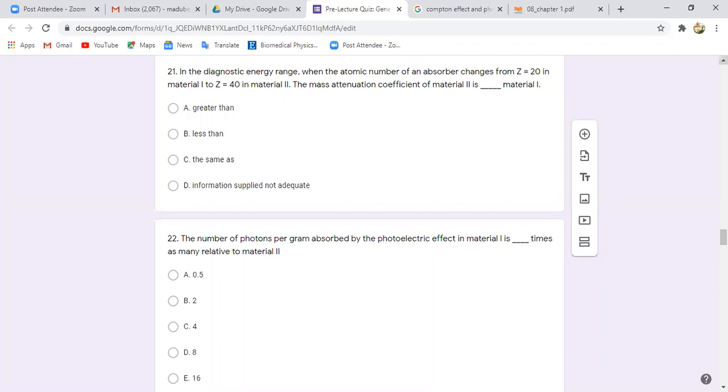Zero point 0.5. So if you look at 20 over 40, that gives us 2. So our answer should either be 1 over 2 raised to power 3 or 2 raised to power 3.